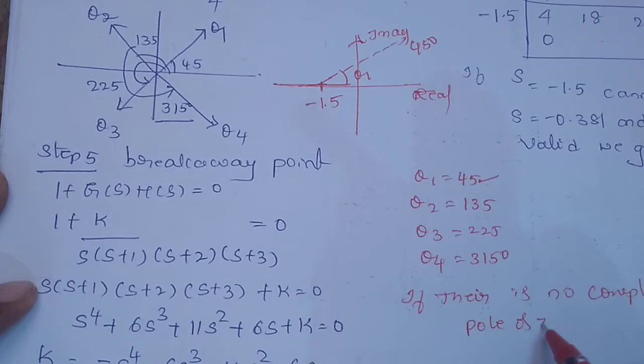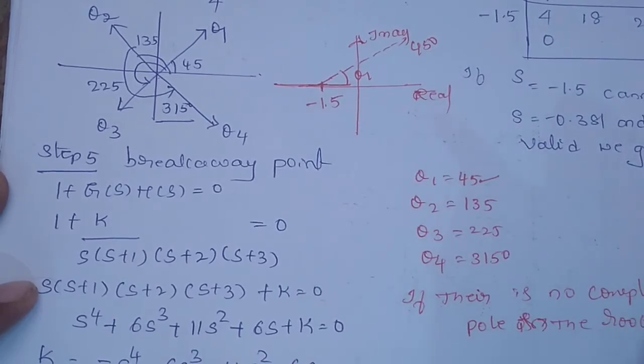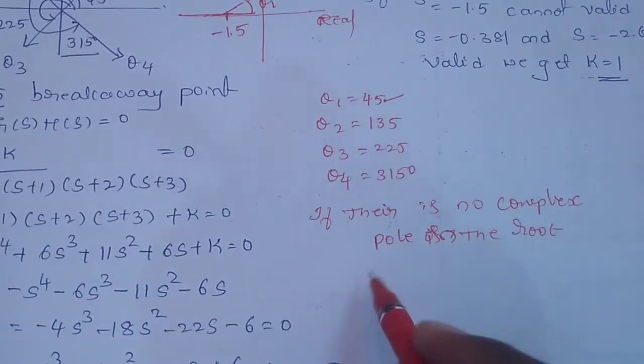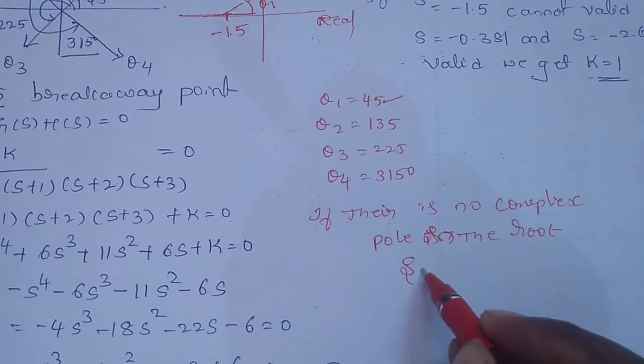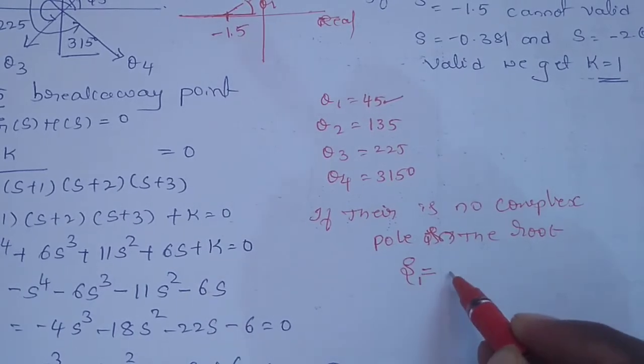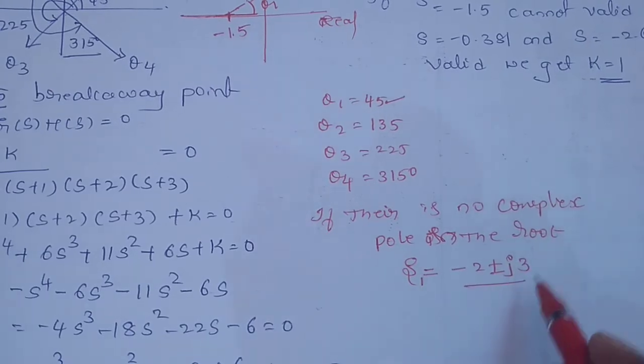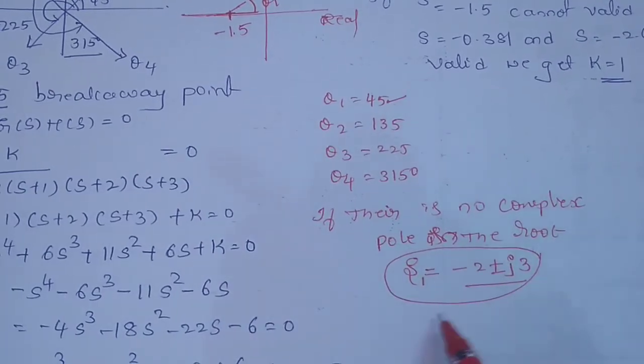Let us take one example. Suppose s equal to minus 2 plus or minus j3. This kind of poles we can call complex poles. If the poles have complex roots, then you will not get breakaway points.